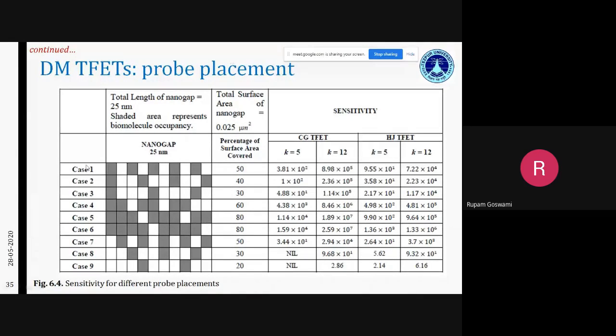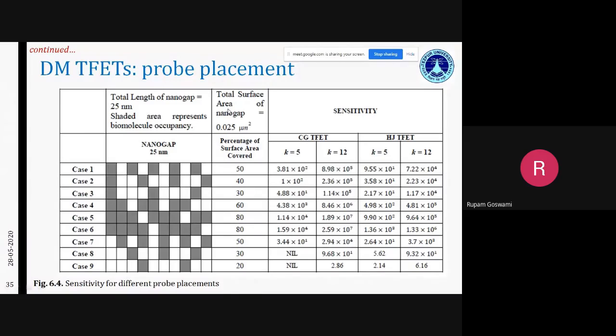So in this second column, where we have a nanogap of 25 nanometers, we have divided it into 10 different parts. The shaded parts are covered by the binding layer, and the empty white blocks are not covered by the binding layer. Only if there is a binding layer will there be a biomolecule which can be hybridized. If there is no binding layer, we have assumed there is no biomolecule for that region.